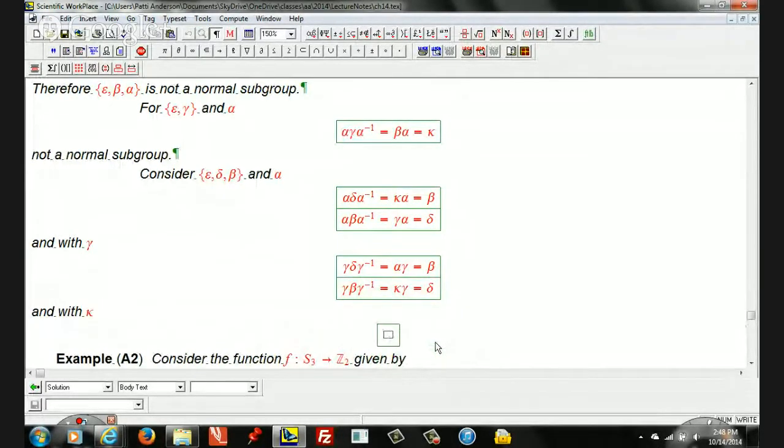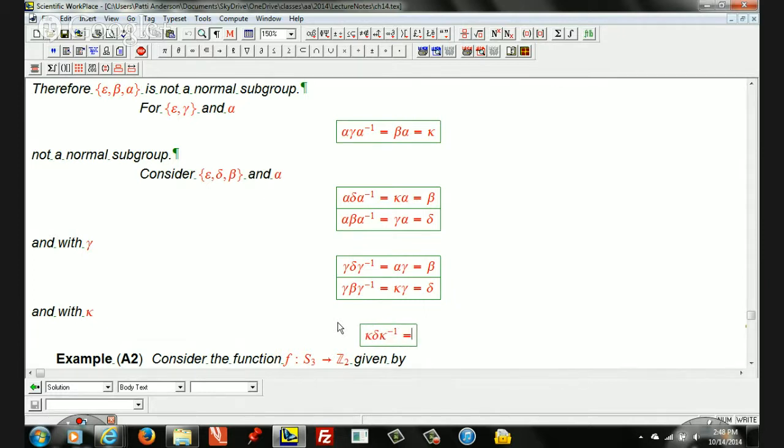Here again, I just have to check the ones that aren't in my subgroup. If it's in the subgroup, it's going to be closed under the operations. So kappa is not in that list, so I have to do it. I'm only going to do it with delta and beta because it will always work with the identity. So we're going to have kappa, delta, kappa inverse.